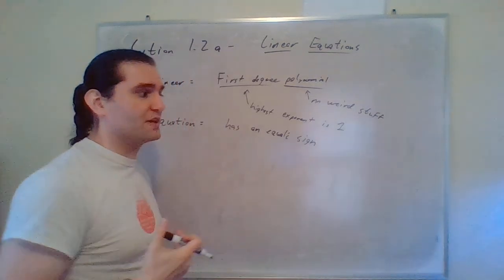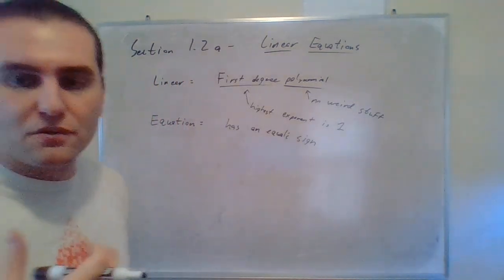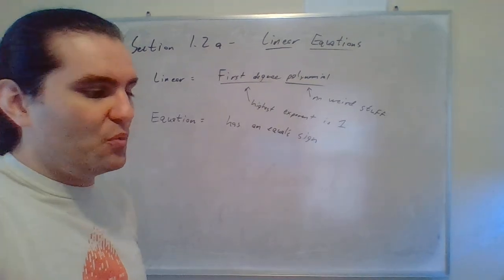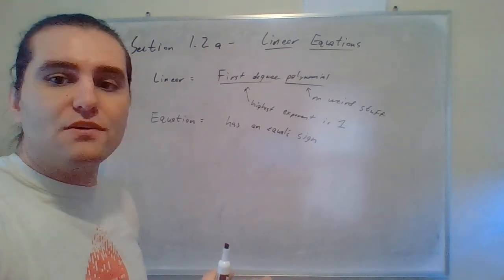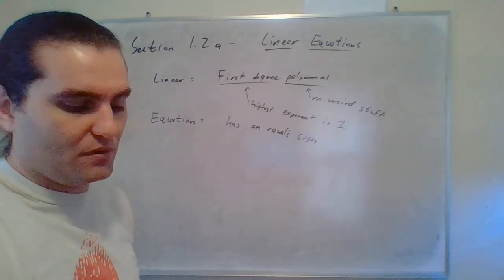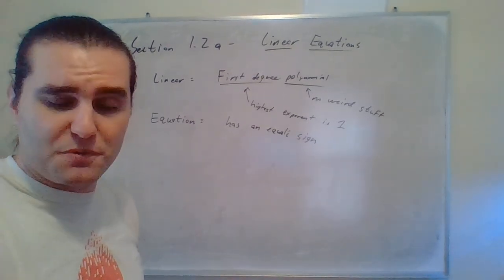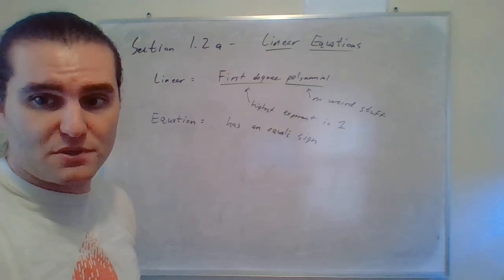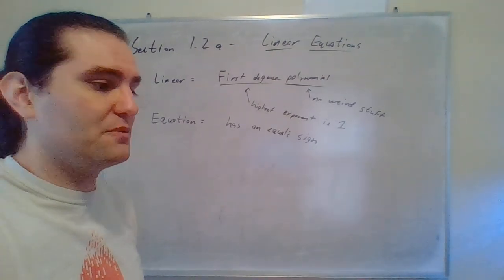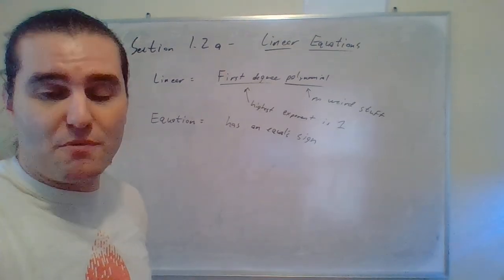Which is good for us because when something has an equal sign, that means we can do literally anything we want to it. Some of the things we can do to it aren't helpful, so some of those things we shouldn't do, but we're allowed to do them. We're allowed to do anything we want to equations.